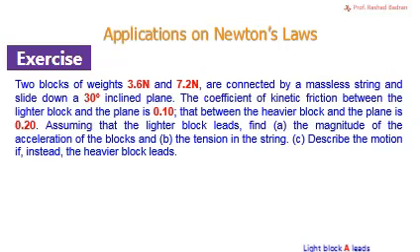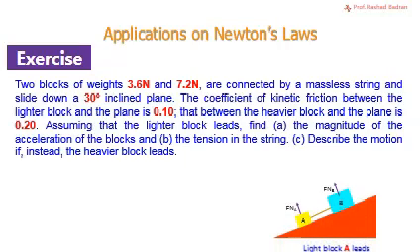And here we have two blocks connected by a massless string and are moving along an incline of 30 degrees. The lighter object of 3.6 Newton, the yellow one, that's block A, and the blue block with a weight of 7.2 Newtons.